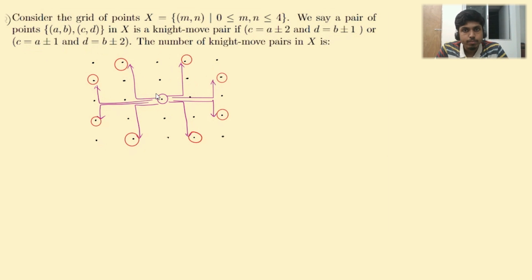And these, when combined with the initial point, would form a knight pair. So the question is, how many knight move pairs are there in the grid points? We are given 5 cross 5 grid points starting from 0 to 4.